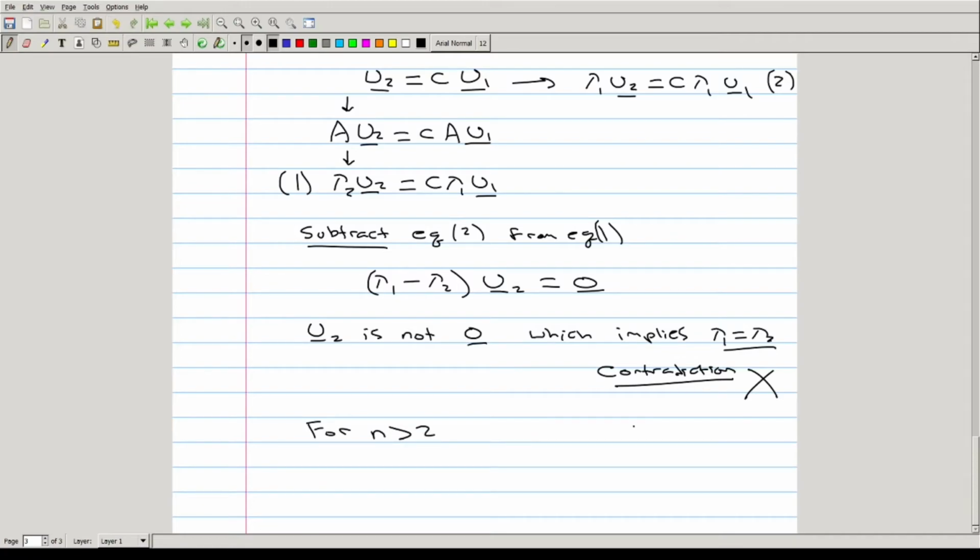For n greater than 2, the result follows from induction, mathematical induction, which is a proof technique typically gone over in a discrete mathematics course.